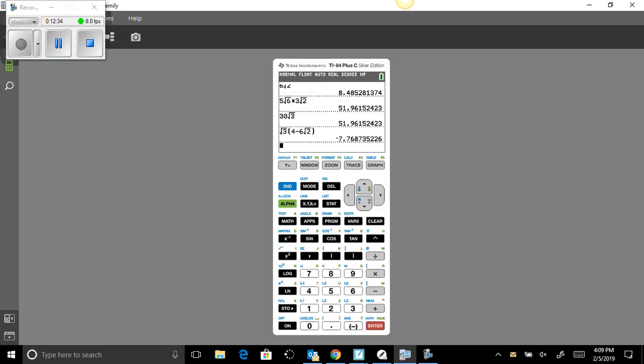Let's see if I get that for my answer. My answer was 4 radical 3 minus, sorry, put that minus in, minus 6 radical 6. And I should very well get the same decimal equivalency. And I do, so I know that my answer is correct.